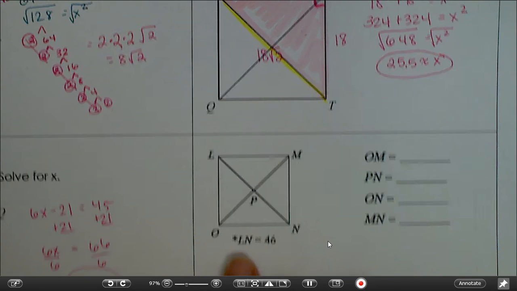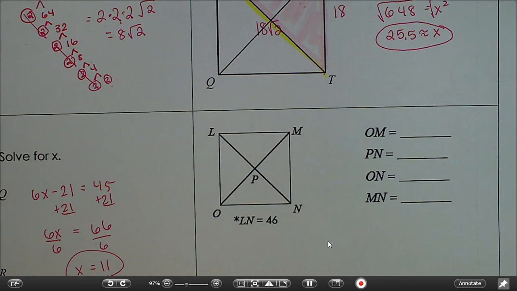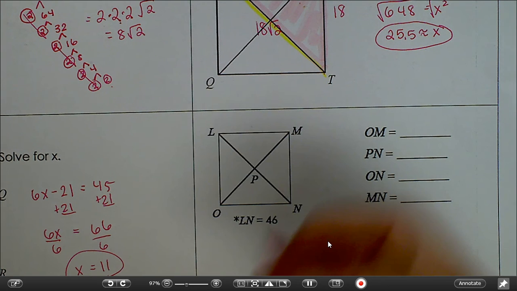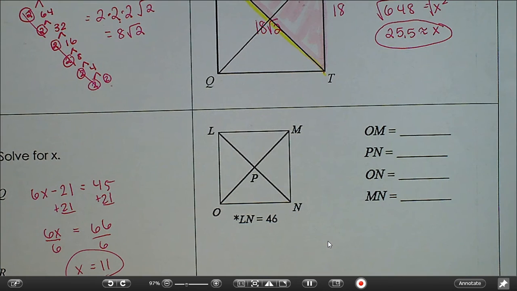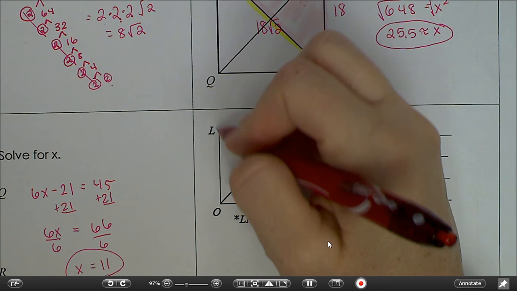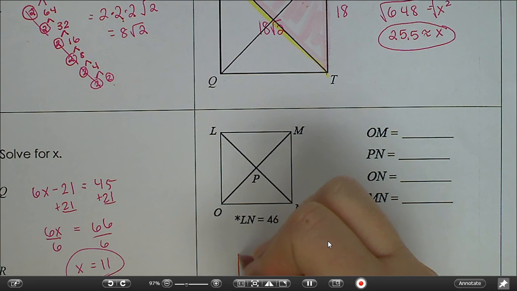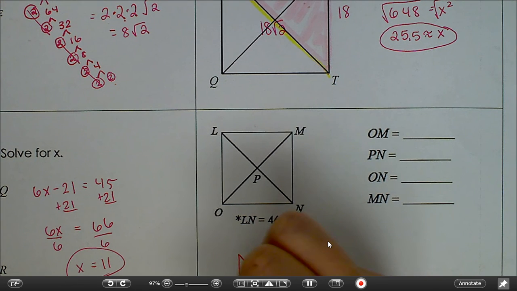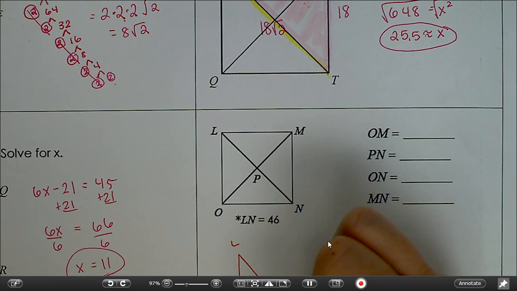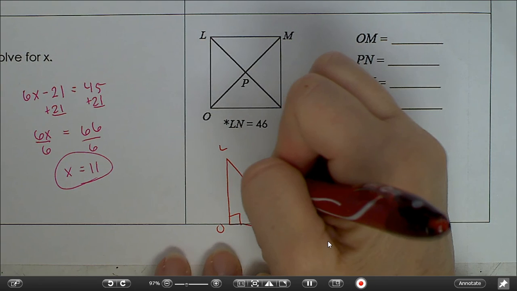This one tells us that the length of the diagonal is 46 and wants us to tell all of the other measurements. So this one's going to look a lot like this one up here. The diagonal is 46, so I'm going to focus on this part, LON, just so you can kind of see what I'm looking at. And this is 46.